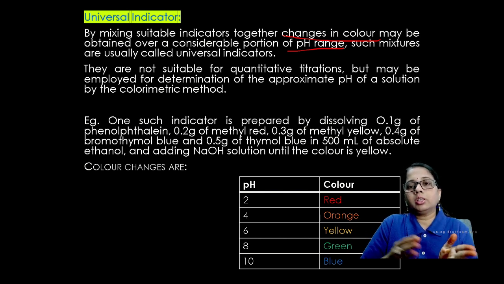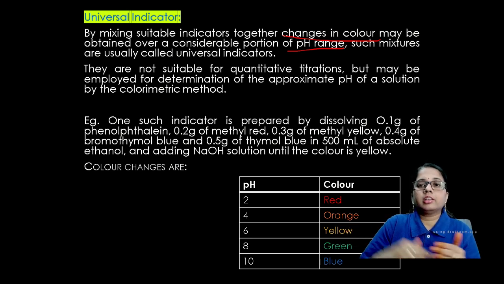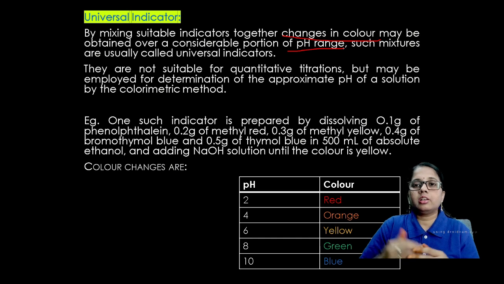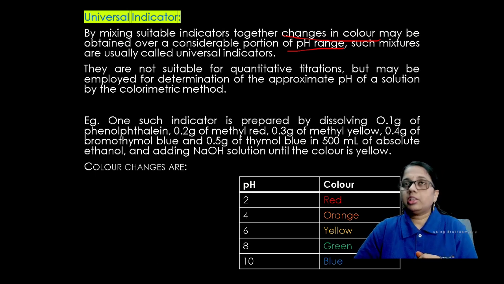So you cannot optimize which type of indicator to select. The pH suddenly increases steeply, suddenly drops steeply. In such cases, a universal indicator will help you. For this purpose, we need to mix different compounds, and such mixtures are called universal indicators.